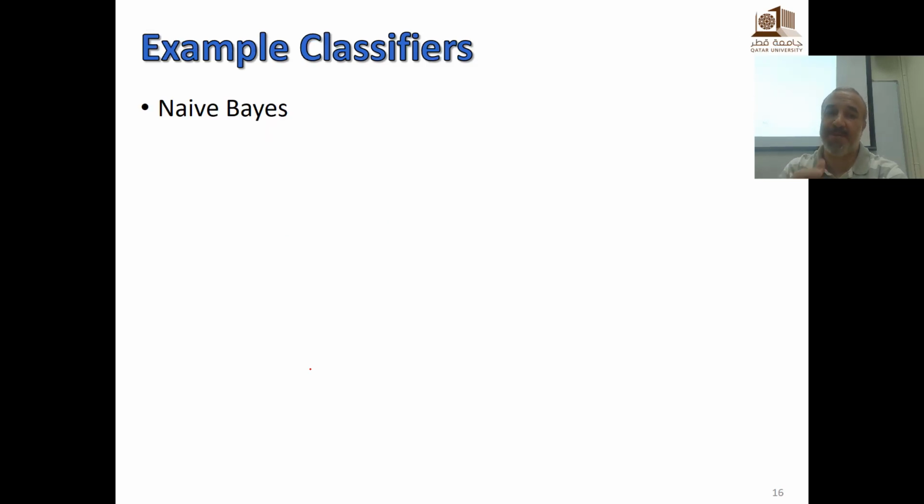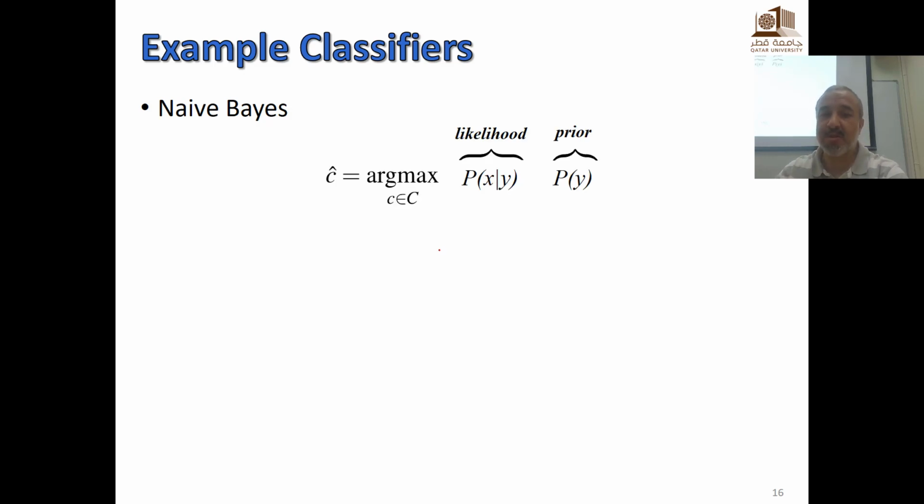Now let's see examples. How about the naive Bayes classifier? What we do in naive Bayes is compute the probability of a specific class Y given the example X. How did we do it?